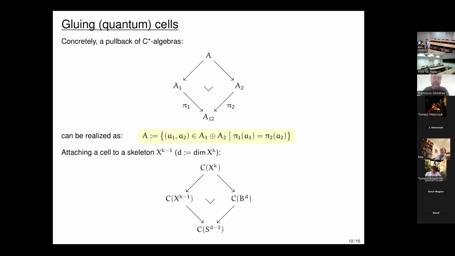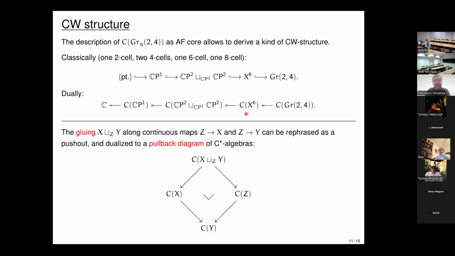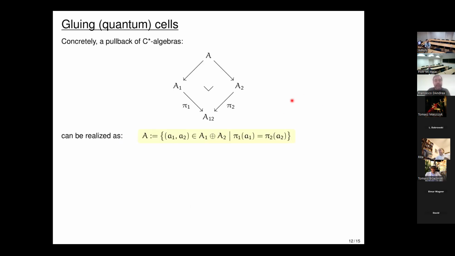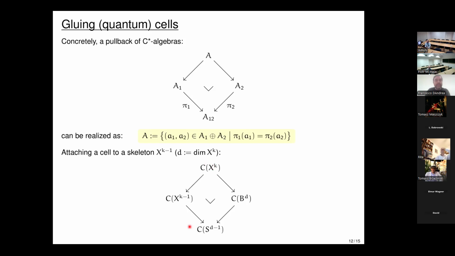This is how you pass, in a CW structure, from one skeleton to the next one. Then the idea in the quantum case is that we would like something similar to this. We would like a sequence of quotient maps like this, where at each step you pass from a C-star algebra to the next by a pullback like this, where on the bottom you have a kind of quantum ball going to a quantum sphere.